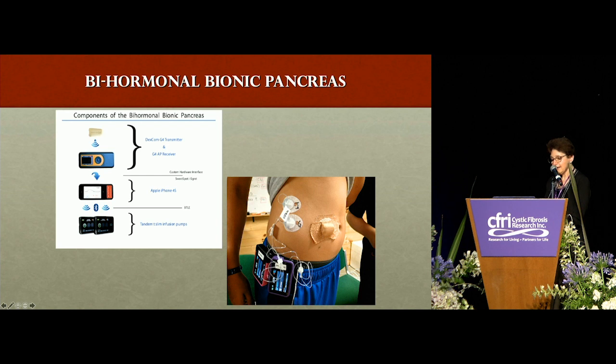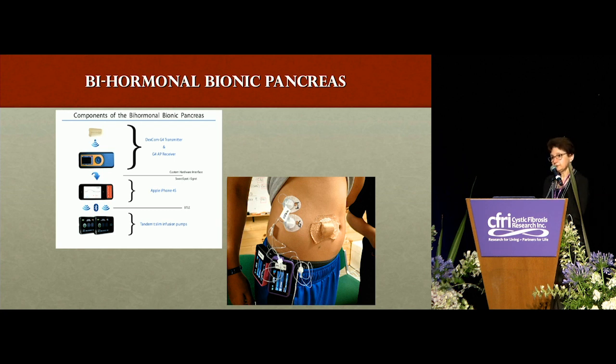But those two little tandem pumps, one had insulin, one had glucagon, and the iPhone, used as an algorithm device, sent the signals to either the glucagon pump or the insulin pump to deliver small boluses. Now the studies are moving to a single device.